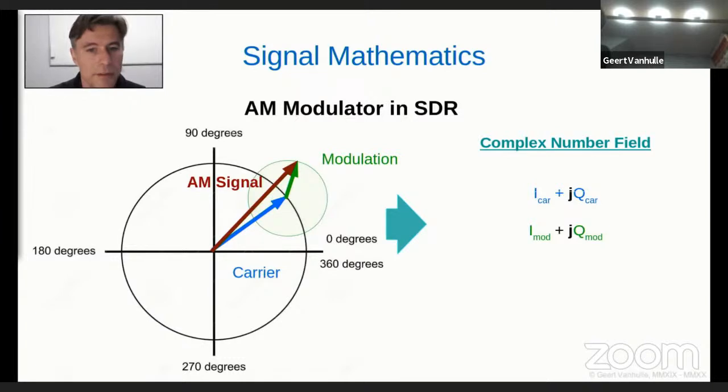And we have the modulation, with also the real and the imaginary part, becomes I plus jQ modulation. Now, what is then the amplitude modulation signal in this case? It's the complex addition. And that's very simple. We add the real parts, we add the imaginary parts, and we have a new vector with a real and an imaginary part, which becomes I_AM plus jQ_AM.